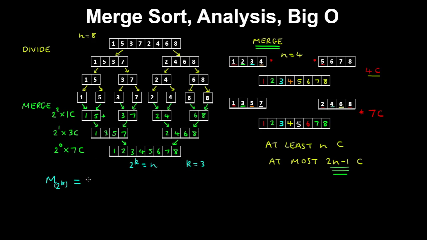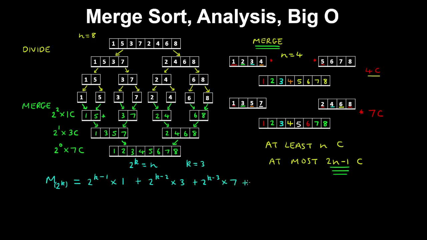So first we have 2 to the power of k minus 1 gives 2, by 1 comparison, and then plus 2 to the k minus 2 by 3 comparisons, and then plus 2 to the k minus 3 by 7 comparisons.